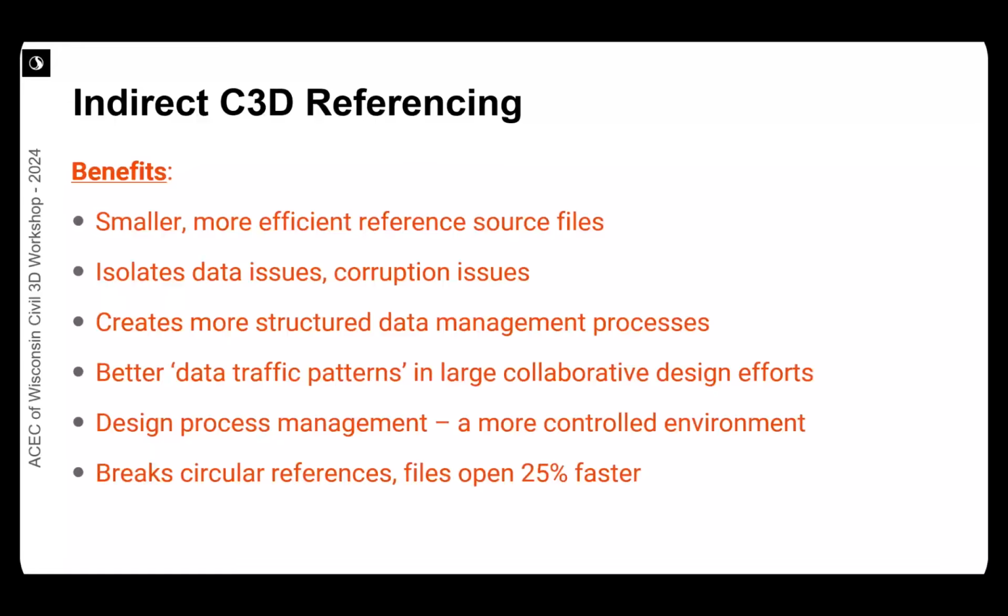Another benefit that we realized through the course of this that wasn't necessarily on our radar screen to begin with is that it creates a different data traffic pattern in the design process. So if you'll remember when I introduced collaboration for Civil 3D and ACC and how that works, it involves a master project data set that's in the cloud, and then Desktop Connector, which is a local software, synchronizes the data on our hard drive to that master project in the cloud.